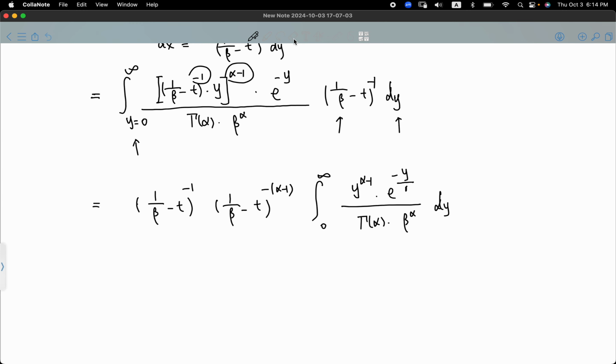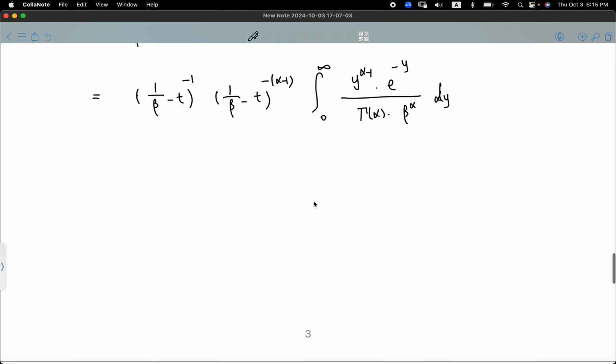Okay, maybe let me start another line then, not to confuse you. So what we have is up to this point, but this is not yet equal to 1, and then we are going to further modify this integral in the following way. 1 over beta minus t inverse. Okay, so maybe at this stage, let me also group them together. So you have a negative alpha minus 1, and then you also have one copy of minus 1. So you have 1 over beta minus t.